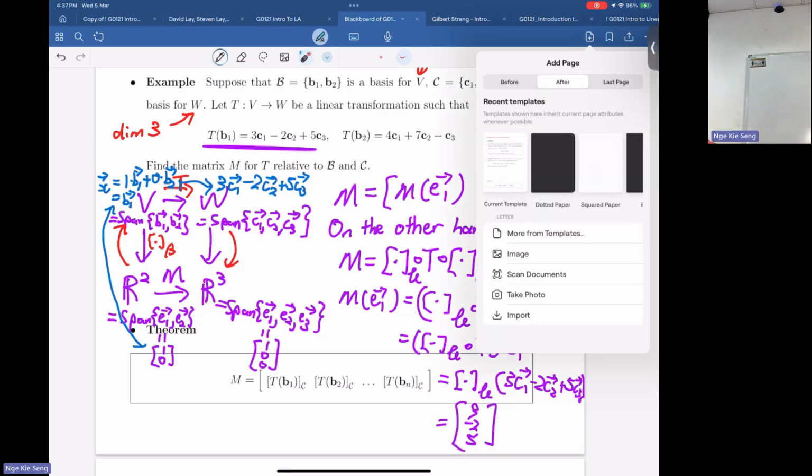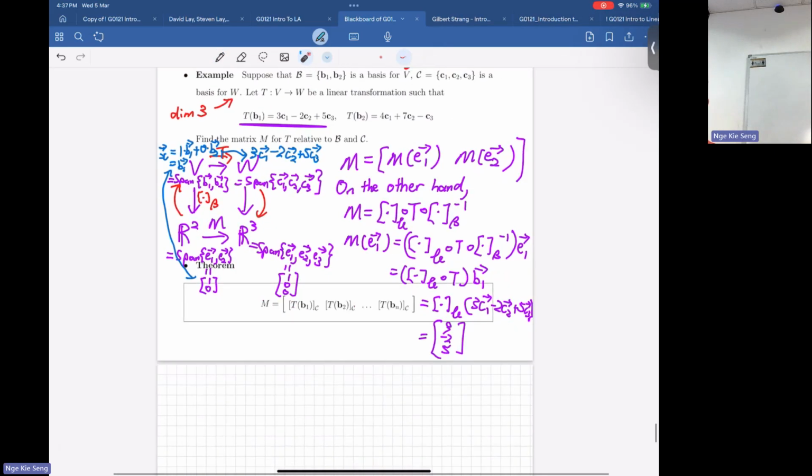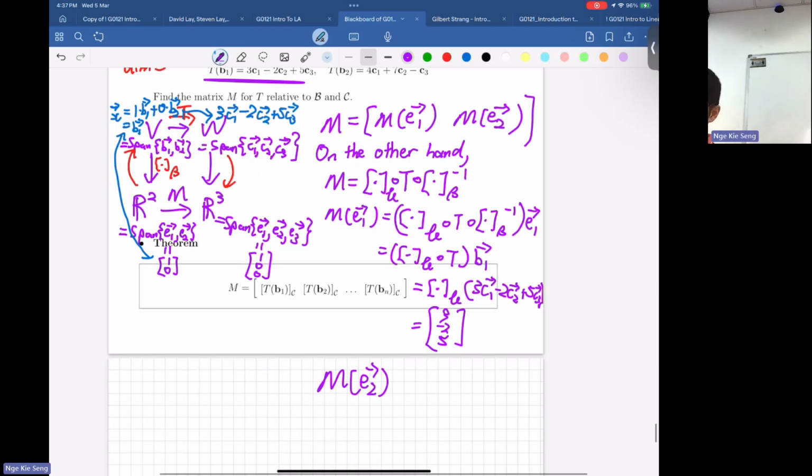And then what's next? Check M on E2, similarly. If you check M on E2, where should E2 go? What is E2? 0 times B1 plus 1 times B2.